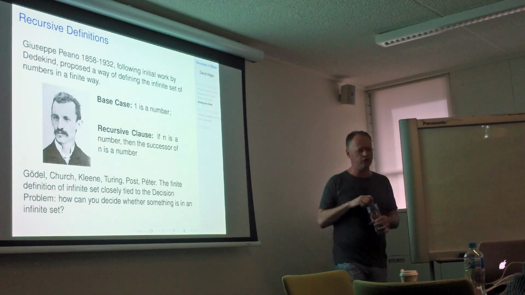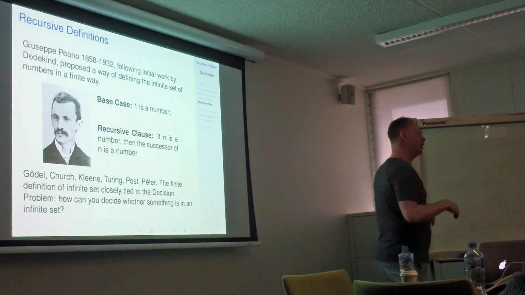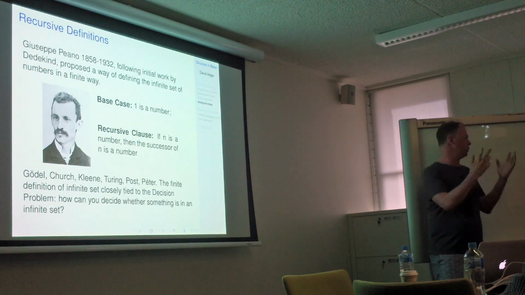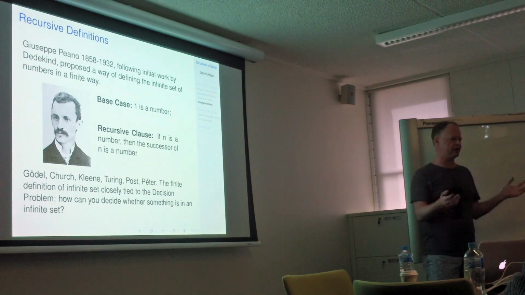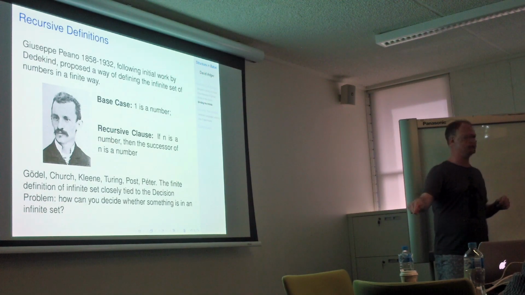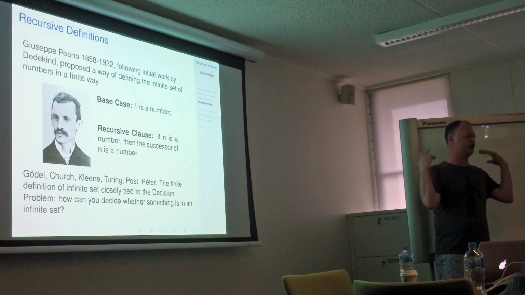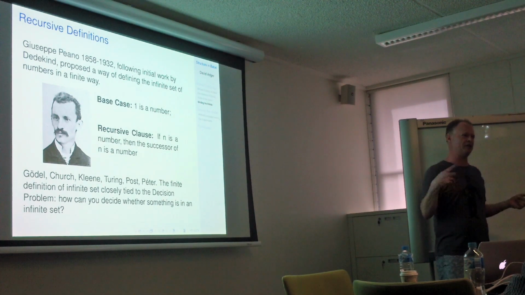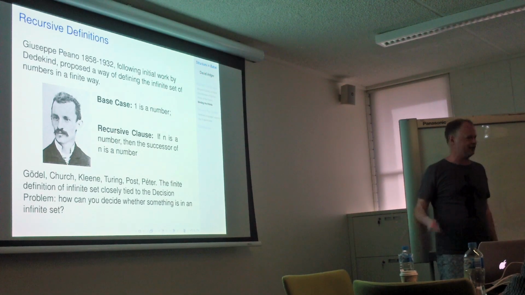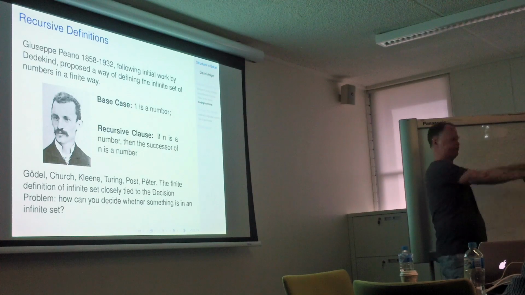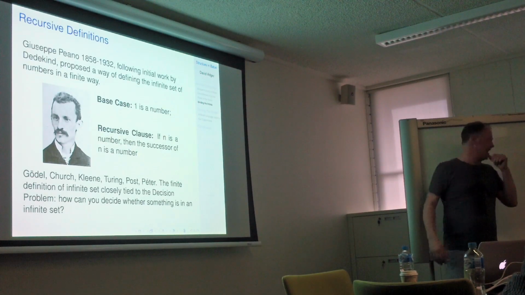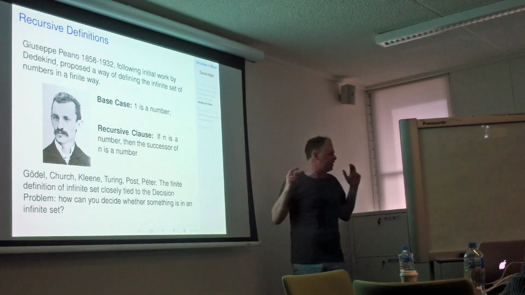What used to happen is you would say, okay, we define the infinite set of numbers by going, 1 is a number, 1 plus 1 is a number, 1 plus 1 plus 1 is a number, dot, dot, dot. And you're meant to use your intelligence to realize that dot, dot, dot means 1 plus 1 plus 1 plus 1 is a number, right? But dot, dot, dot doesn't say that. Dot, dot, dot just says, keep going, right? But what does that mean, keep going?